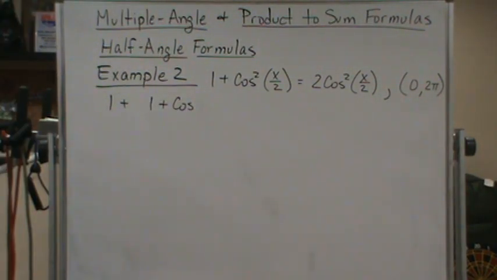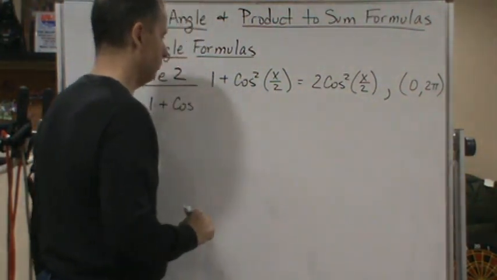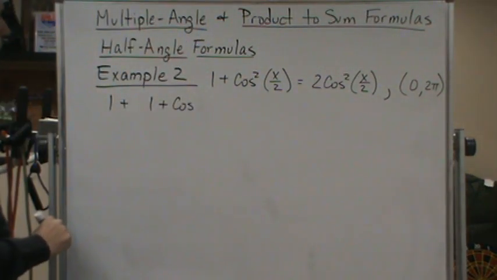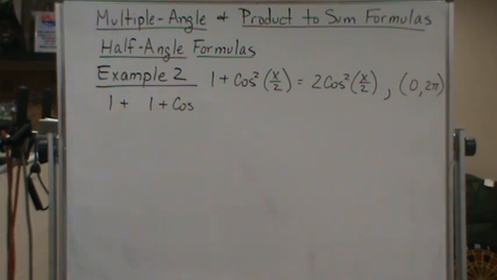So it depends on what quadrant the angle is in. So there's going to be a plus minus involved here. But it's not going to matter, because these are squared. Right?